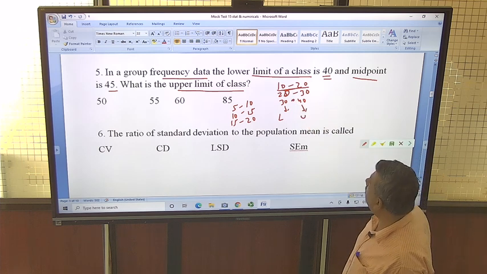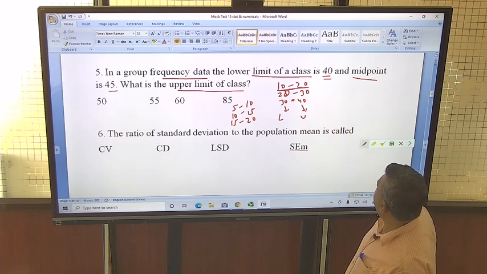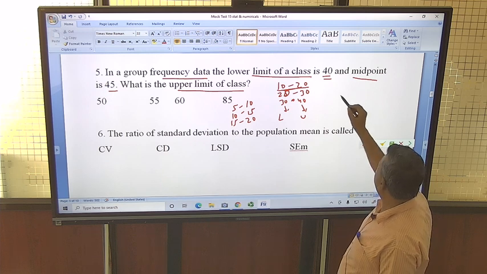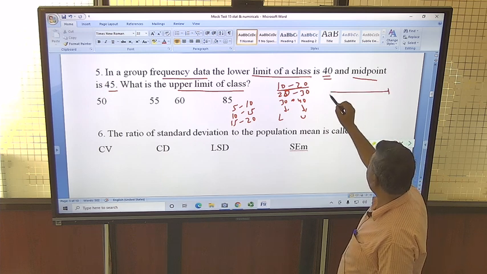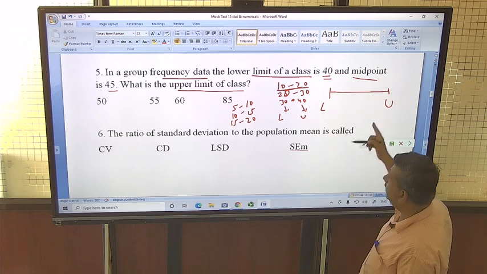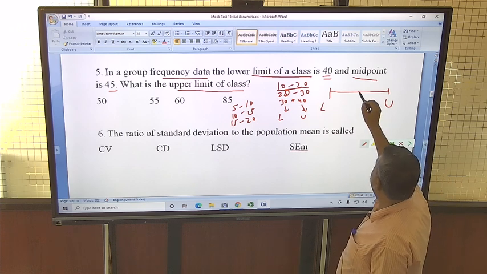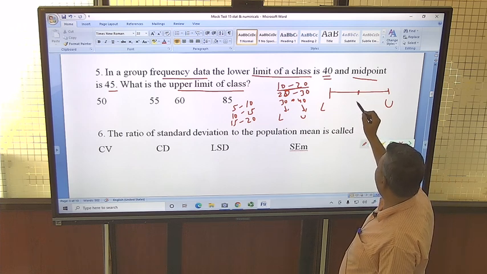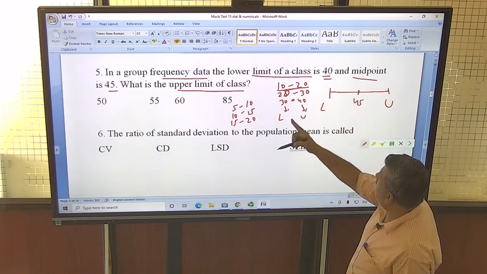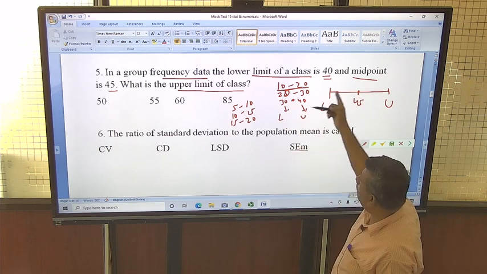So in this question, the lower limit of the class is 40 and the midpoint is 45.